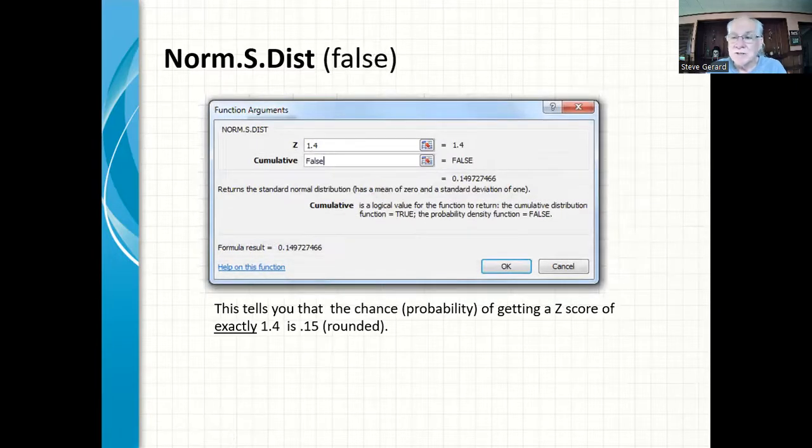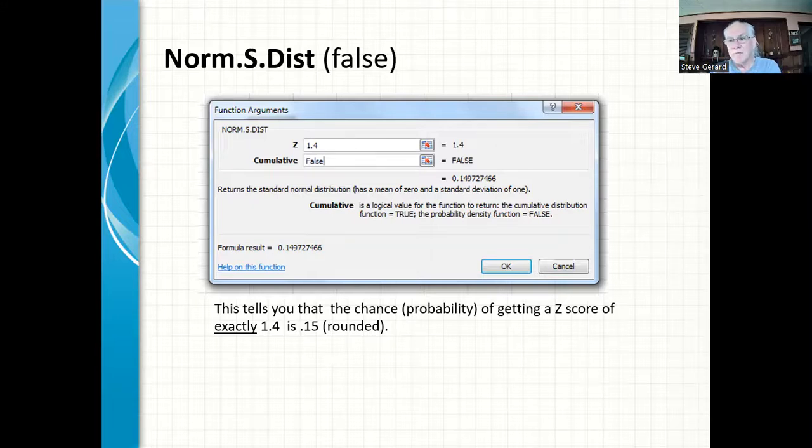What if I said, what's the probability of getting a z-score of exactly 1.4? You still use norm.s.dist. You put in 1.4, but here you put in false rather than true. And the probability of getting a z-score of exactly 1.4 is 0.1497, or approximately 0.15. Now just think about this for a second. In one case I said, what's the probability of getting a score up to a z-score of 1.4?